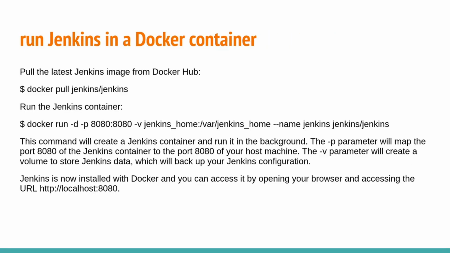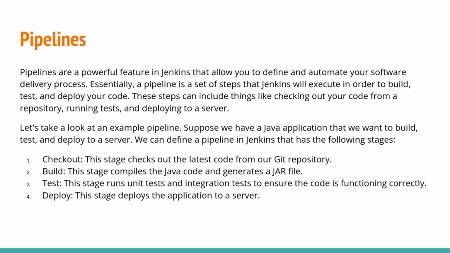This is our first video, and today we will speak about pipeline. Pipelines are a powerful feature in Jenkins that allow you to define and automate your software delivery process. Essentially, a pipeline is a set of steps that Jenkins will execute in order to build, test, and deploy, for example, in many stages.